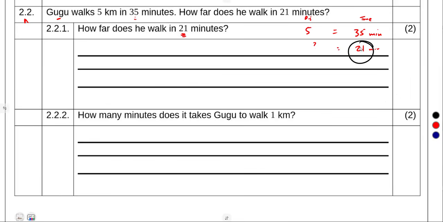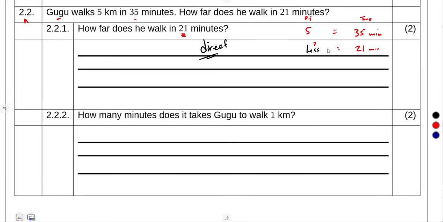Thus, the lesser time means also the lesser distance. So this one is a direct proportion. As the value increases in terms of the distance that you cover, more time. More distance, more time. So that's a direct proportion.